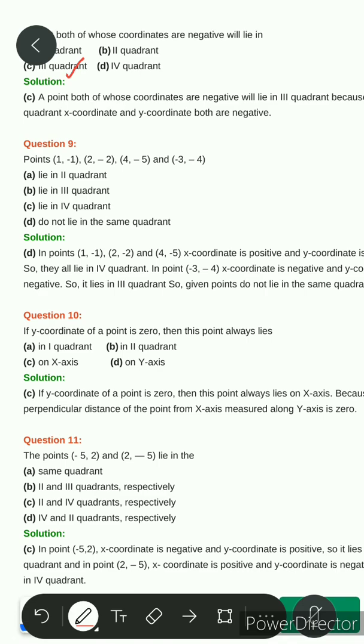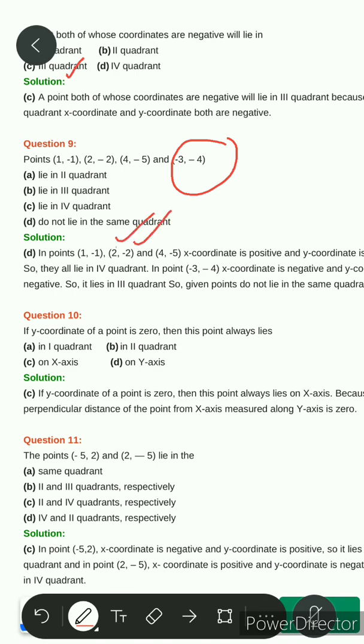Some quadrants are given. But if you carefully observe, the first 3 are the same, but the fourth point is the odd one out. So they do not lie in the same quadrant.